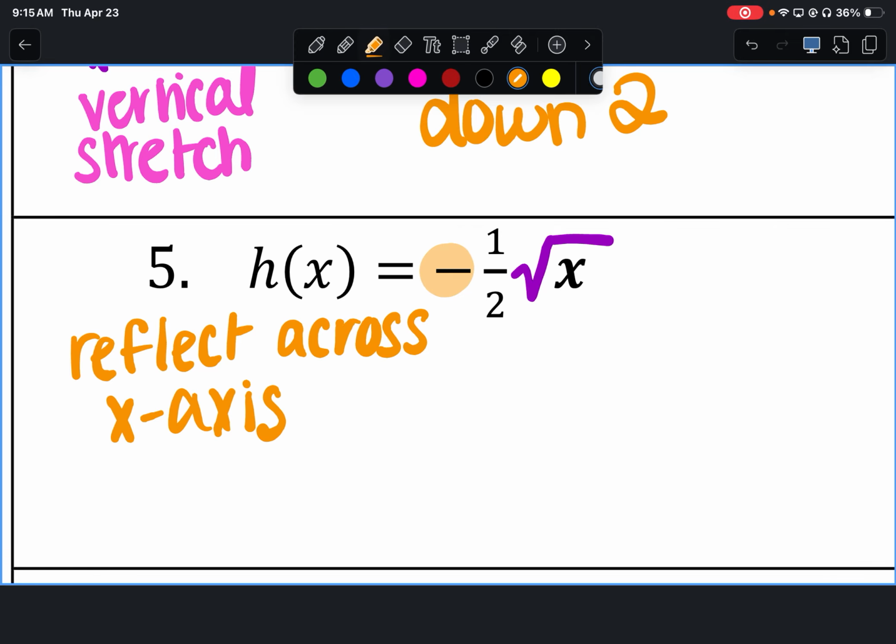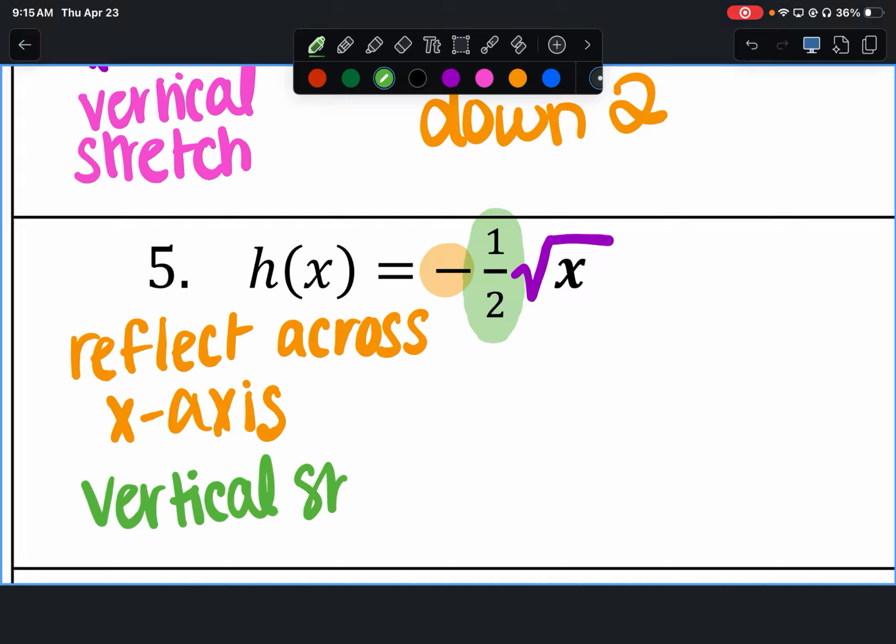What about that 1/2? What does that cause? Vertical shrink, or vertical compression. Is there any other transformations this one has? No.